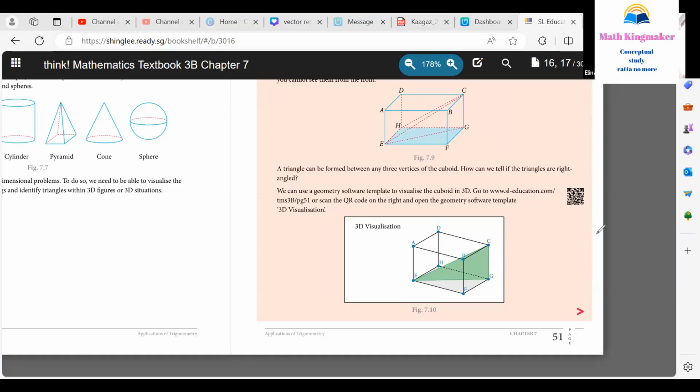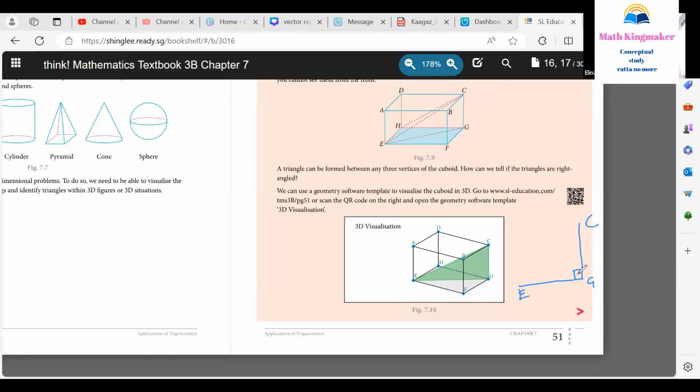So your GC is normal to EFGH. If I draw any line on this plane, let us say EG, it will also be perpendicular to GC.